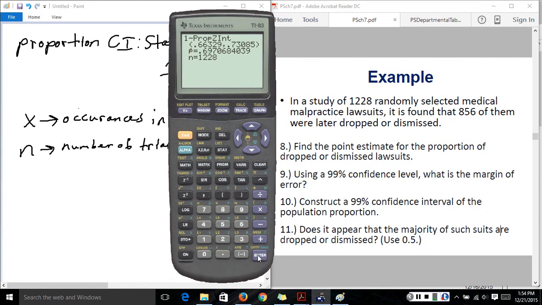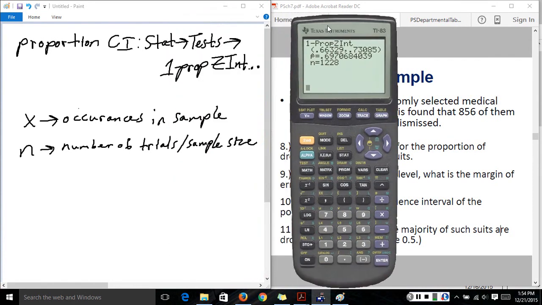And I get something very similar to the answer I have for number 10. At the very top, right under the words 1 prop z interval, I have my confidence interval. If I round that to 4 places, again, I get 0.6633 to 0.7309.